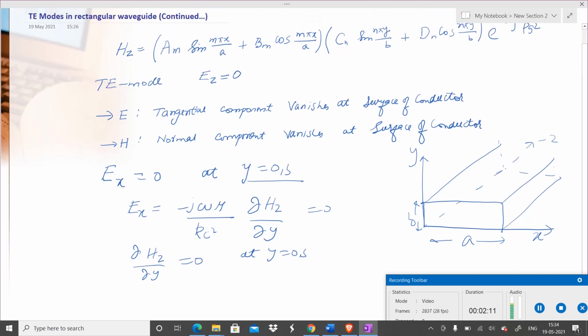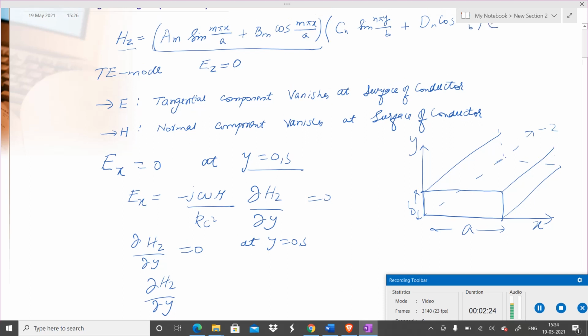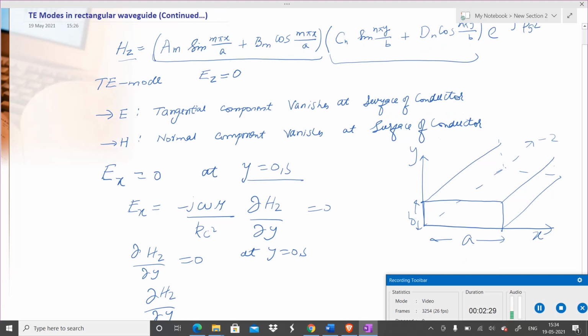Now, if you see this Hz is given here. When you differentiate it with respect to y, del Hz upon del y, the first part is constant, it is a function of x. The second part is Cn sine and Dn cos. So I will just write the second part.